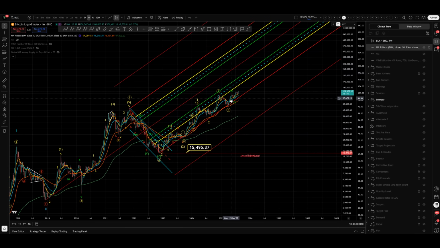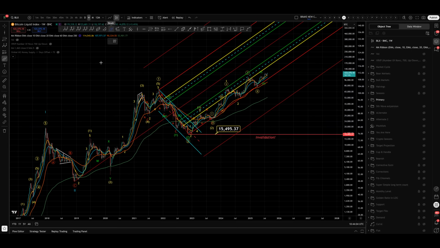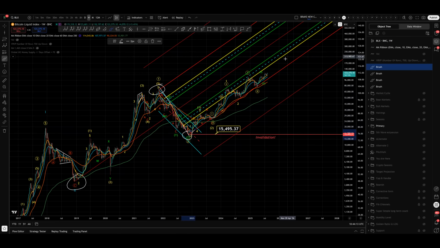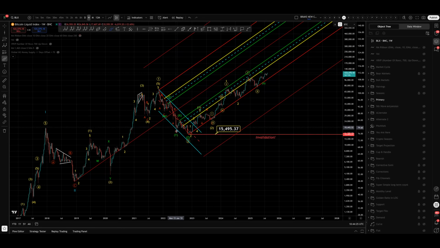This suggests that as we move along this pitchfork, based from the bottom of cycle 2, the beginning of primary 1, to the swing higher primary 1 to the swing higher primary 2, this now creates the trend for the subsequent smaller wave degrees. And as you see, let's just delete these little brush marks I've made, and let's turn off the moving averages because they get in the way.